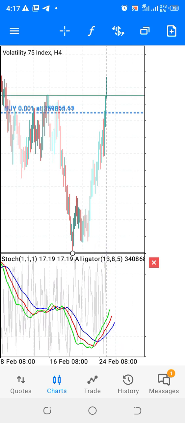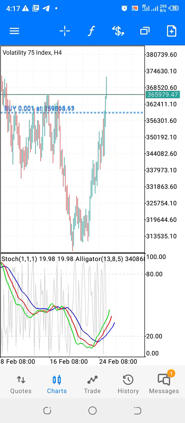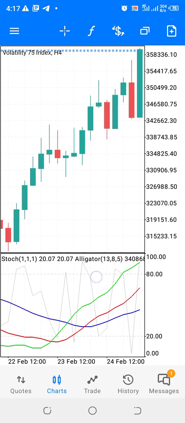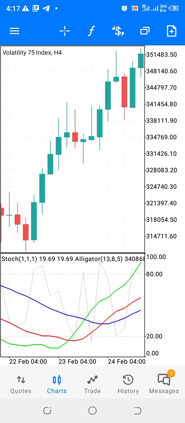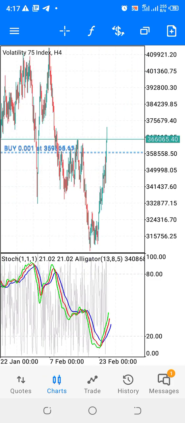These lines are called alligator, and there are also faded gray lines, called stochastic. I want to show how we can set up those indicators, because they are going to guide us in knowing when to buy and when to sell volatility 75.